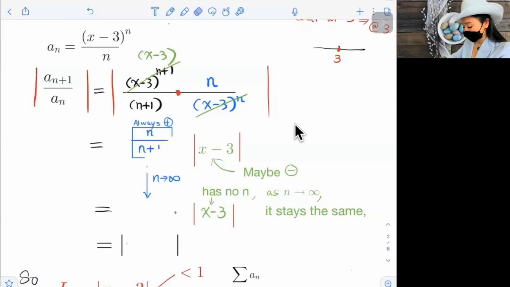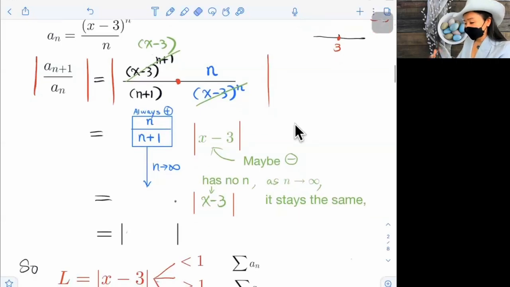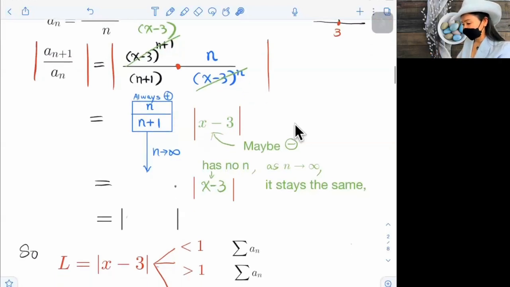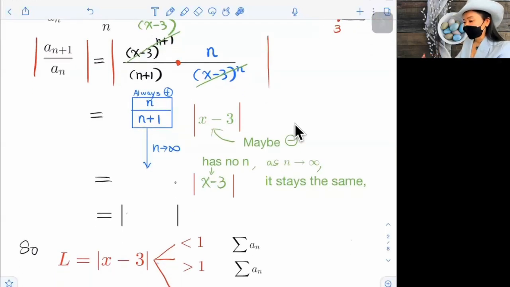We keep x minus 3 inside the absolute value because we're not sure if it's positive or negative. It could be negative for different x, so it's important to keep it inside the absolute value.